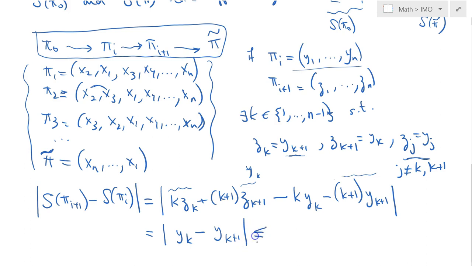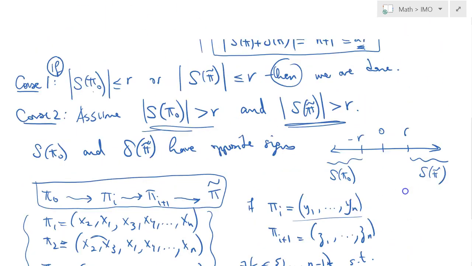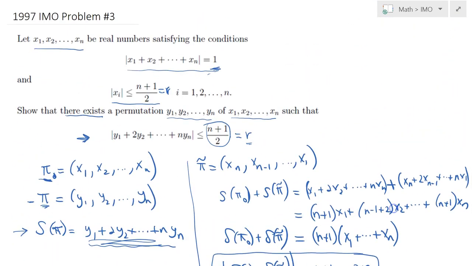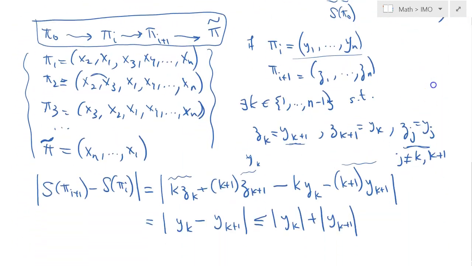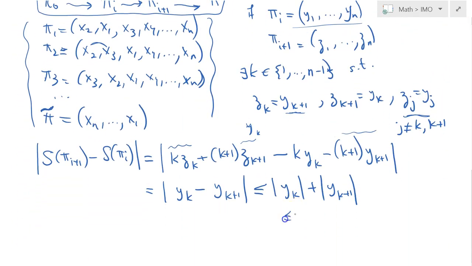But now using the well-known triangle inequality, that would simply be less than or equal to this expression here. But recall earlier that we were given some bounds. Here are the bounds, so each of these is less than or equal to r, so this guy is less than or equal to r, that one is less than or equal to r, suggesting this guy is less than or equal to 2r.